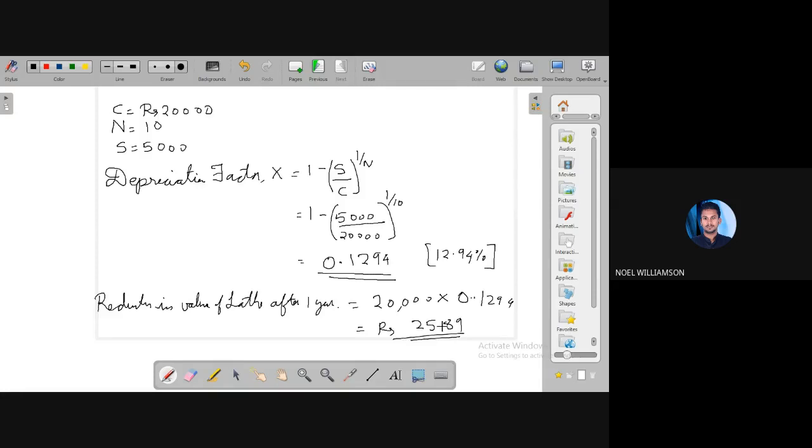This particular value will be reduced from the initial cost. That is the book value of the first year.